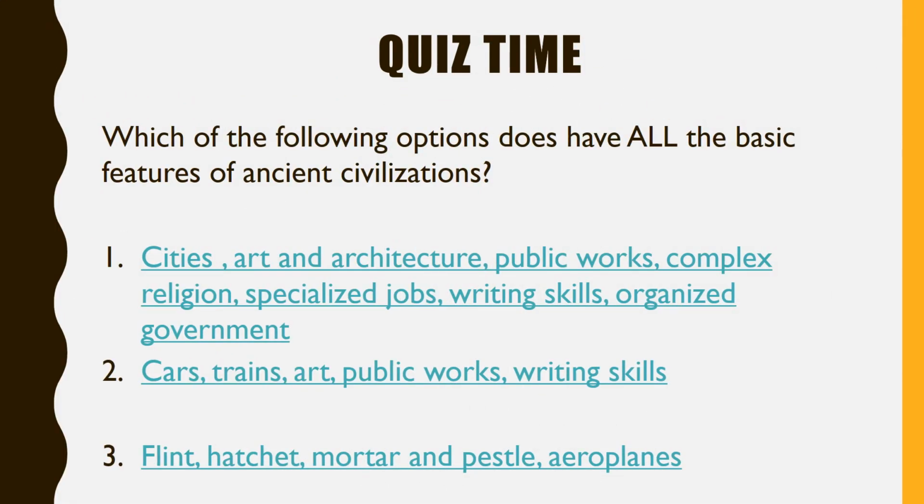Let us try this second quiz, guys. Which of the following options does have all the basic features of ancient civilizations? We have 3 options to choose from. Which is correct? Is it cities, art and architecture, public works, complex religion, specialized jobs, writing skills, organized government? Or number 2, cars, trains, art, public works, writing skills?